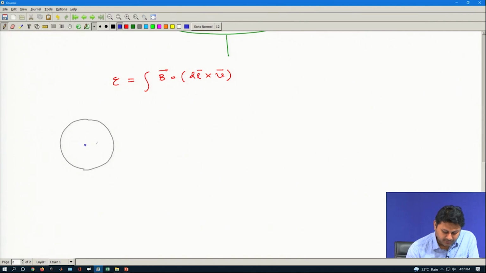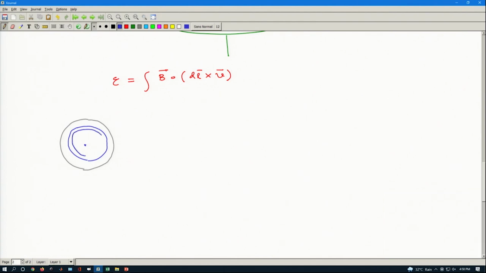Suppose I have a small section of the disk, and from here to here, say it is r, and this portion is dr. The velocity will be along this direction, and the magnetic field B is perpendicular to the plane.